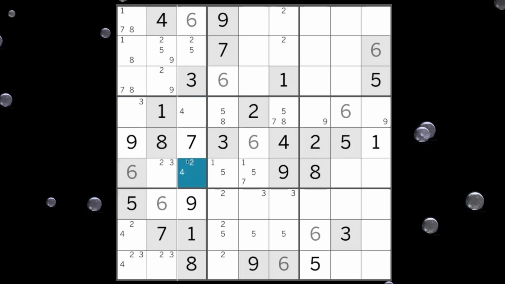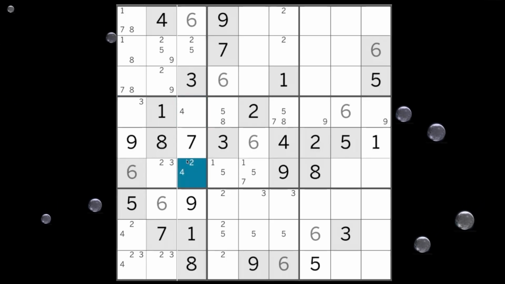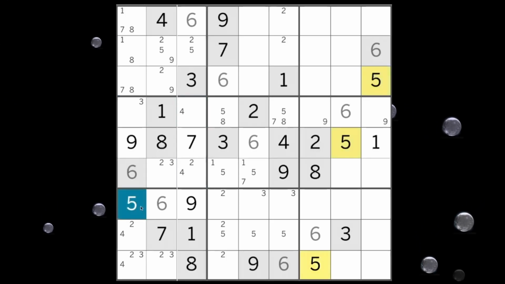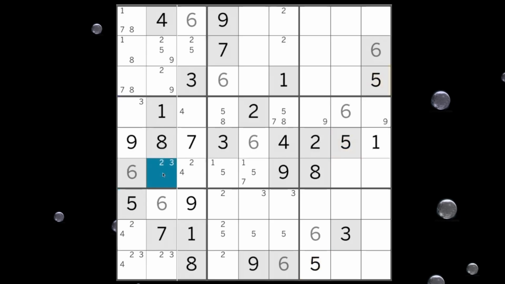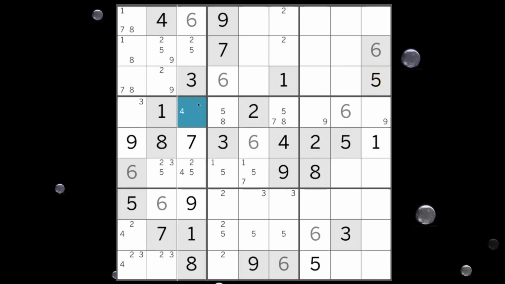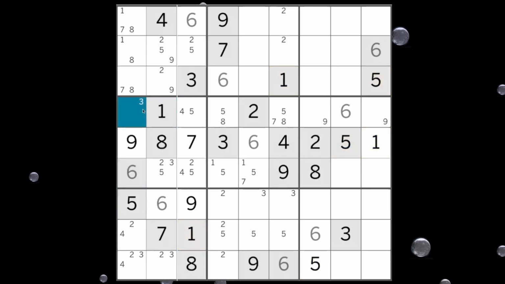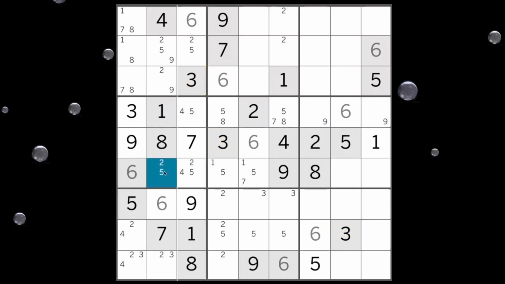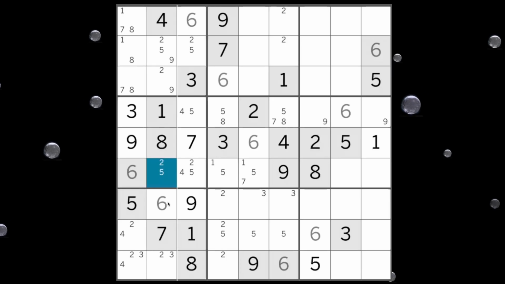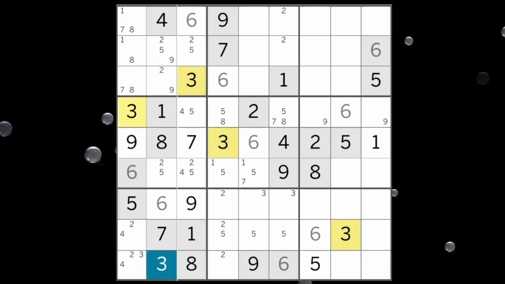We already know the 4 has to be on the right, and the 5 can't be there, so 5 has to be there, which means the 3 is the only thing that can be. Which means that has to be a 3.